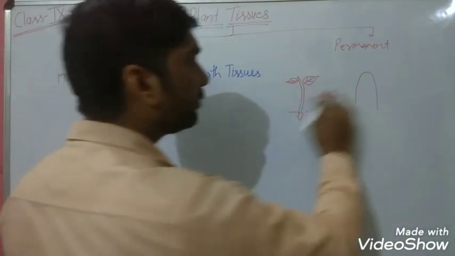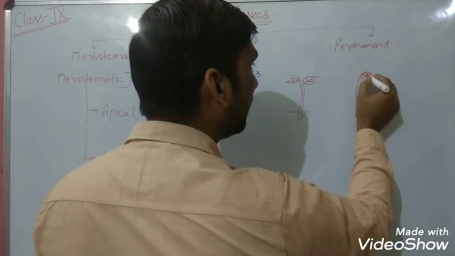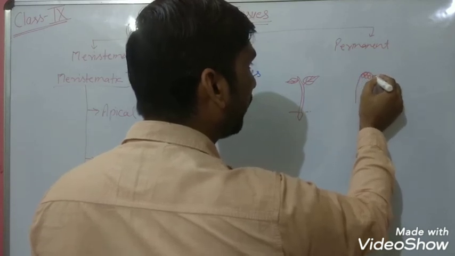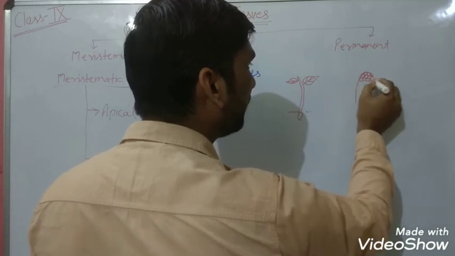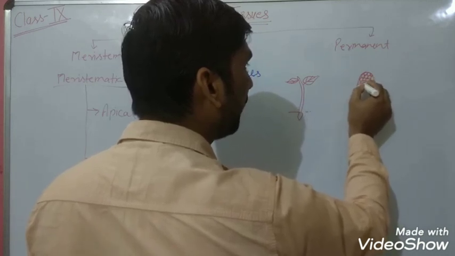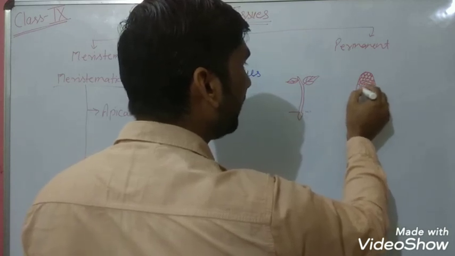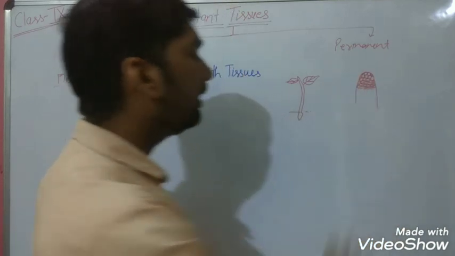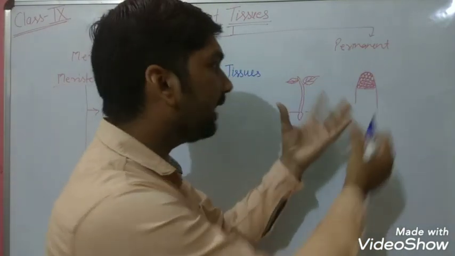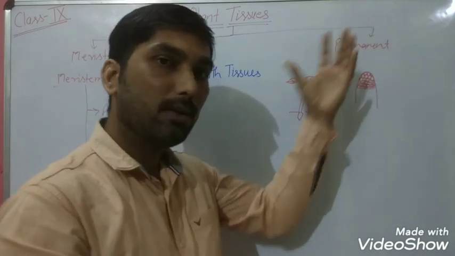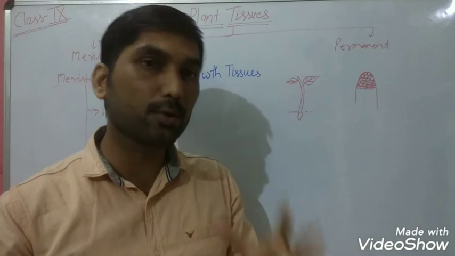So at the apex of the shoot these cells will be present, and since these are small cells and very compactly packed, they do not have any intercellular spaces, and their function is just to keep on dividing and ever dividing. As they divide, they will increase in size and the plant will grow. This growth is termed primary growth.